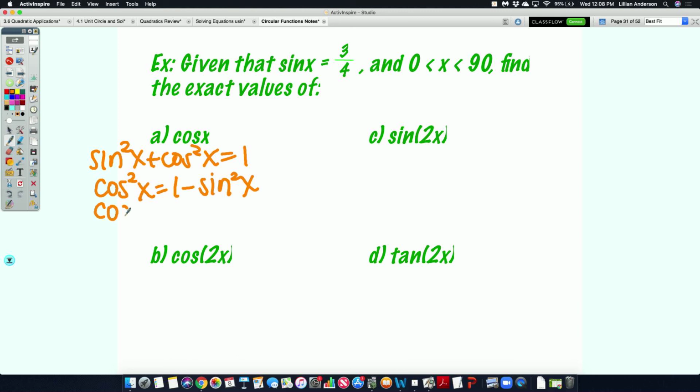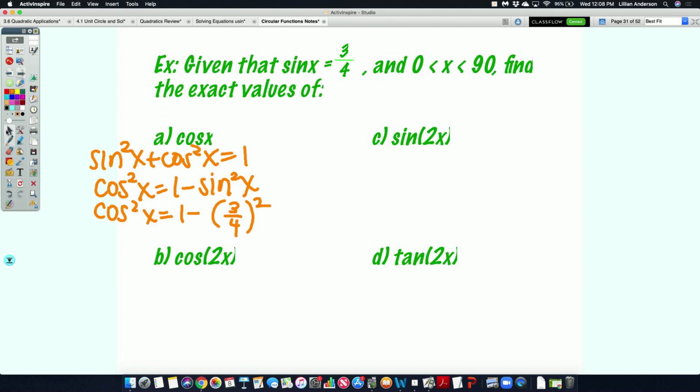And so I'm going to plug in. Cosine squared x equals 1 minus, I'm going to plug in 3/4 for sine x, and that will need to be squared. From here, I need to solve. What's 3/4 squared? 9/16. What is 1 minus 9/16? Common denominator, 16/16.